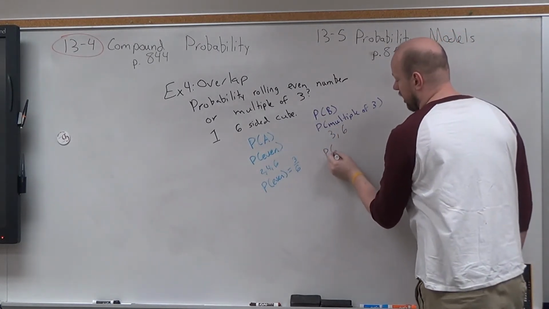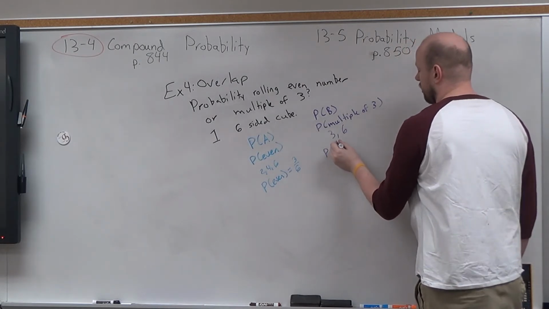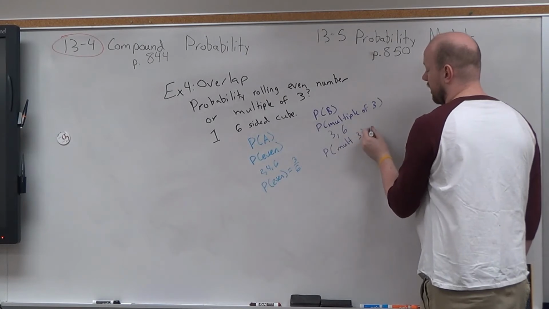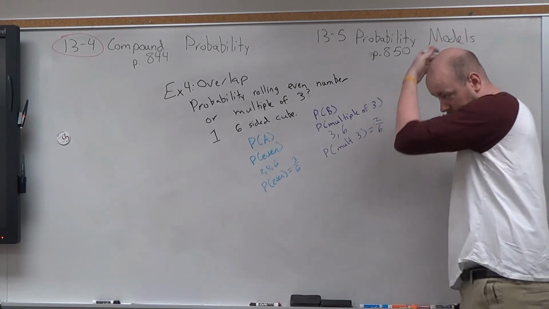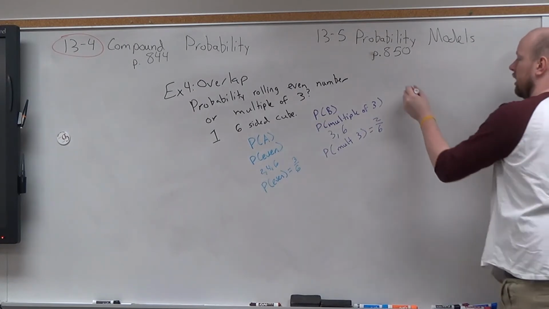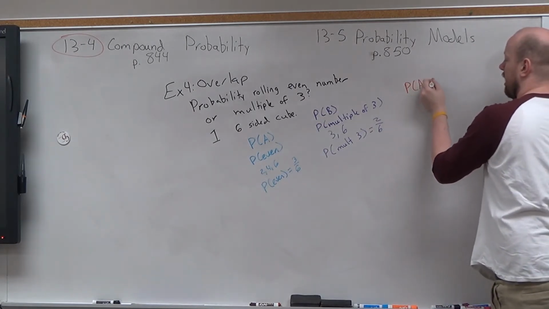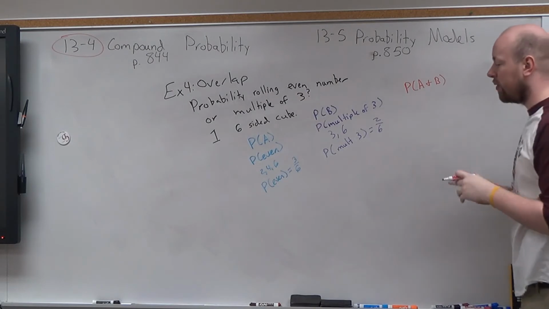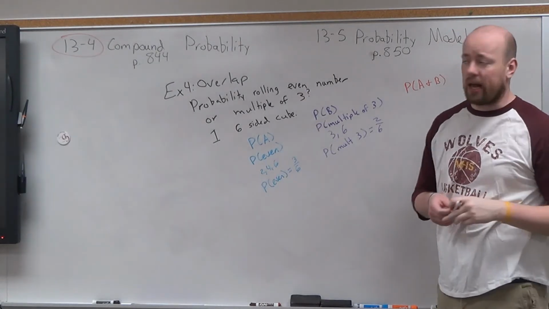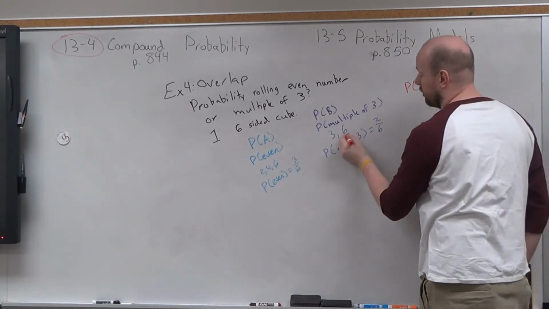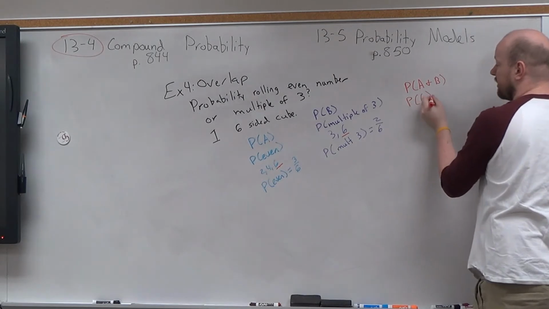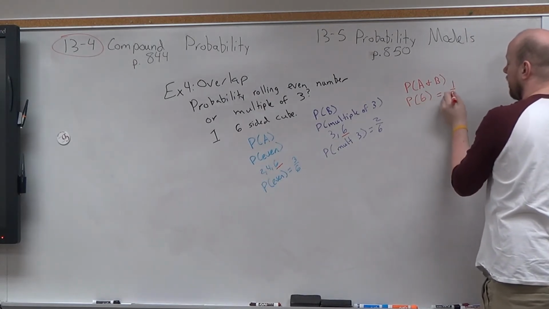So the probability of a multiple of 3 would be 2 out of 6. Now the last thing again we need to consider is the probability of A and B. Is there any outcome that exists in both those lists? And if so, how many? Well, yes, the outcome that exists in both those lists is a 6. So the probability of A and B would be the probability of 6, which would be 1 out of 6.